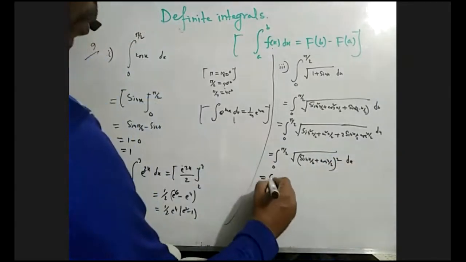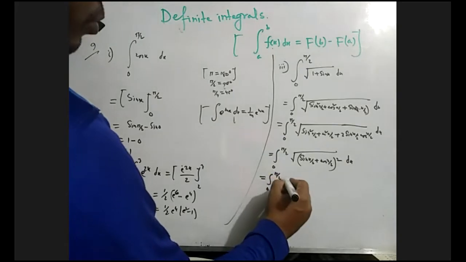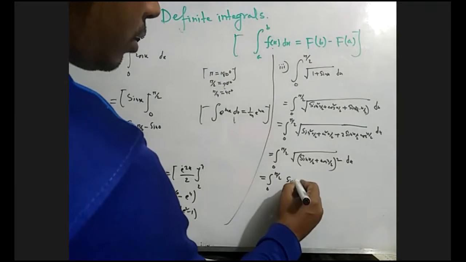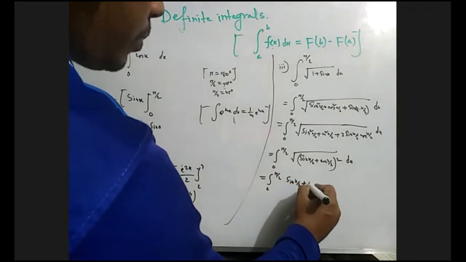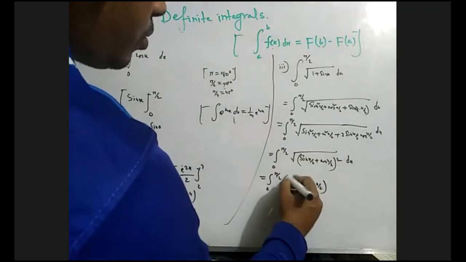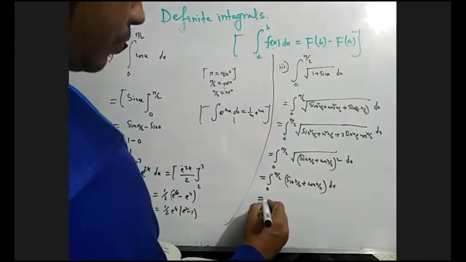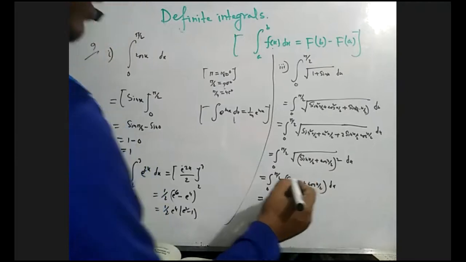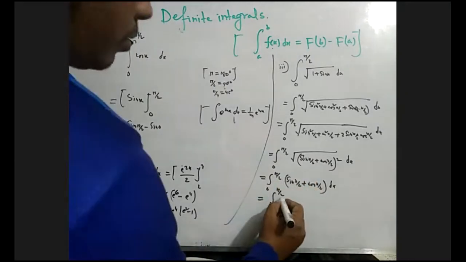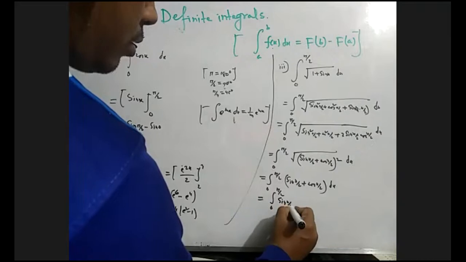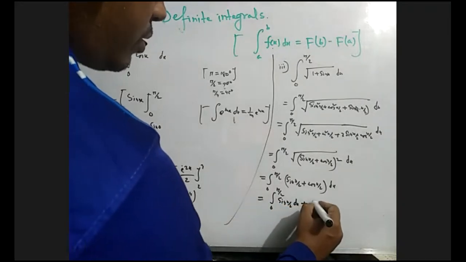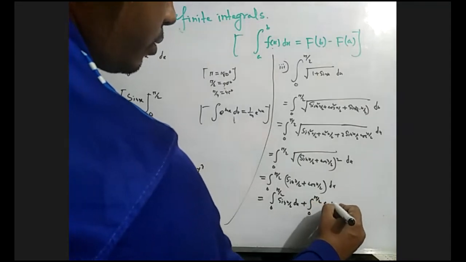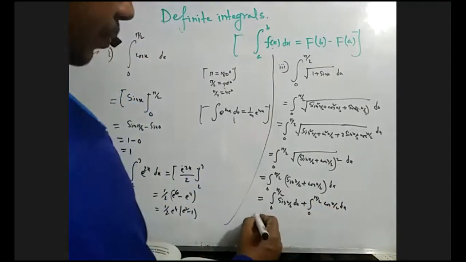Okay, from 0 to pi by 2, the square and root over will be cancelled, sin x by 2 plus cos x by 2 dx. Integration over 0 to pi by 2 of sin x by 2, using sum rule, plus cos x by 2 dx.